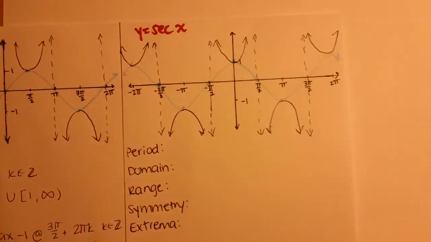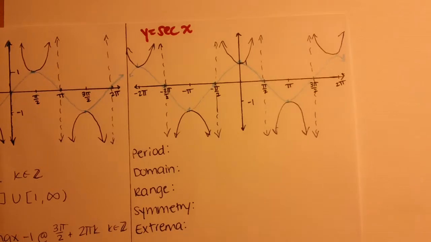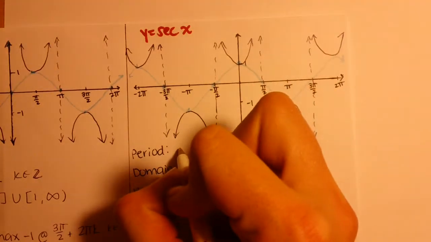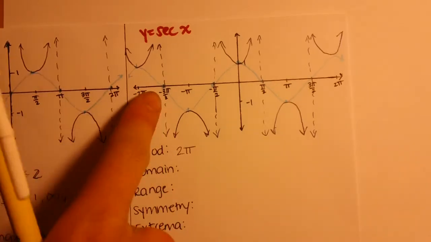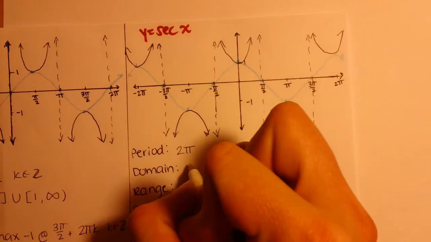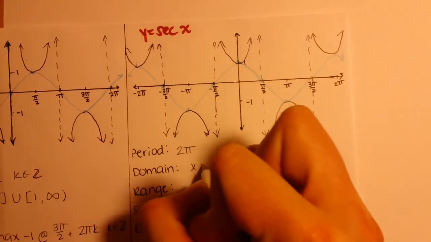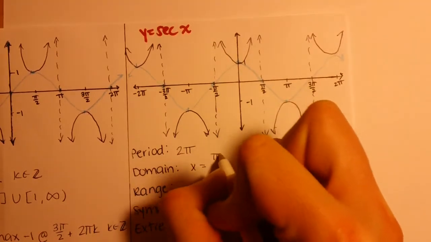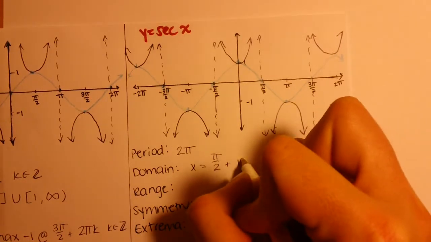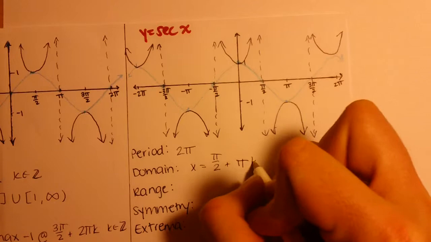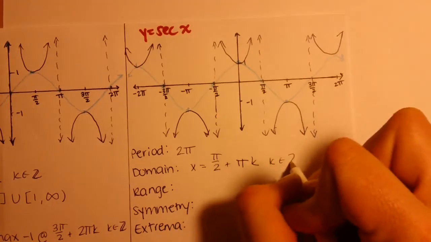Okay? So now our period, again, this is going to be the same as cosine, is 2 pi. Our domain is going to be where these asymptotes are not. So our domain is going to be x is not equal to pi over 2 plus pi k, where k is an element of the integers.